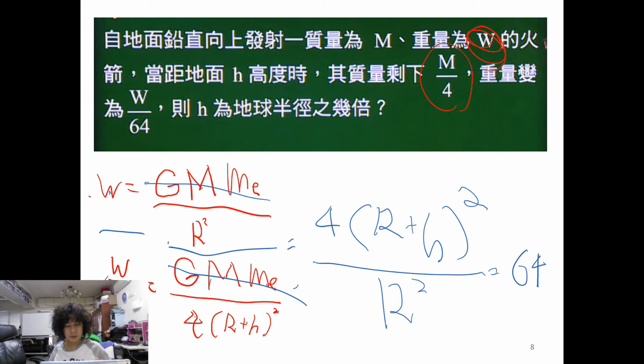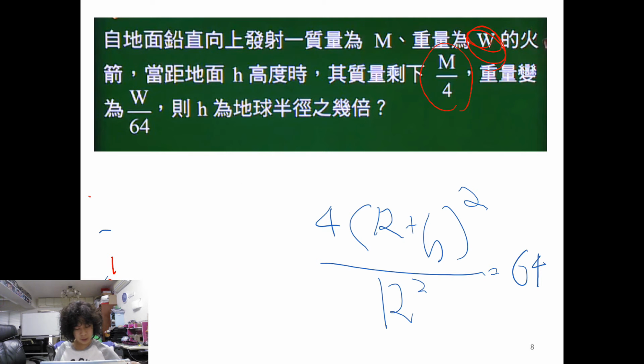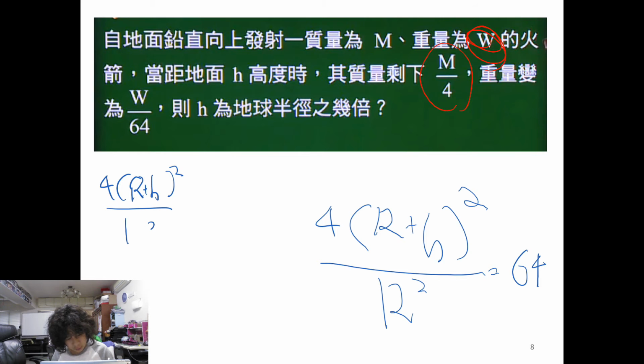And now maybe I will clear it for more space, and then rewrite it right here. 4 (R plus H) squared, 64, and now we will do something like that.